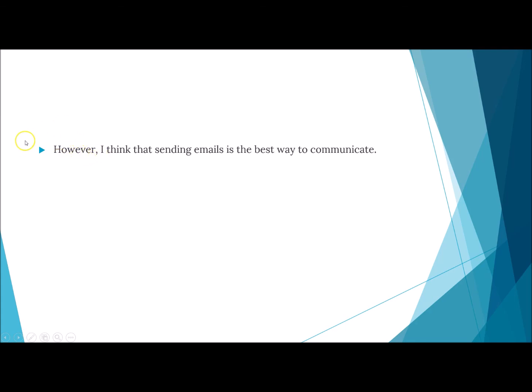So we need to contrast with something that's happened before. So it might be something like, many people think that emails depersonalize communication. However, I think that sending emails is the best way to communicate. So we do need that kind of contrast if we're going to have it in there. So depends what you decided on that one. Let's take a look at another.